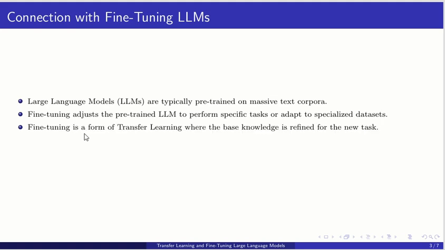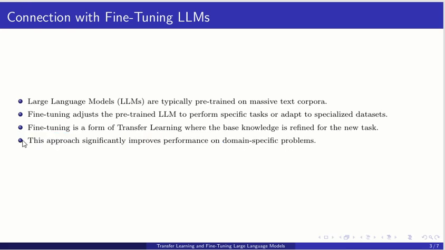But you can train. So fine tuning is a form of transfer learning where the base knowledge is refined for a new task. That is the important point: base knowledge is refined for a new task. And this approach significantly improves performance on domain specific problems.